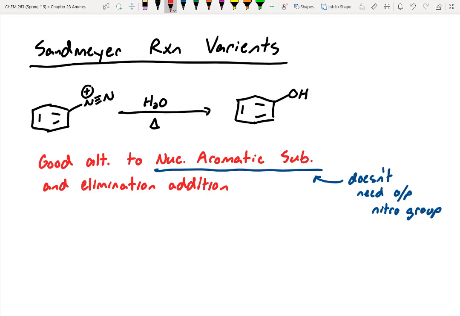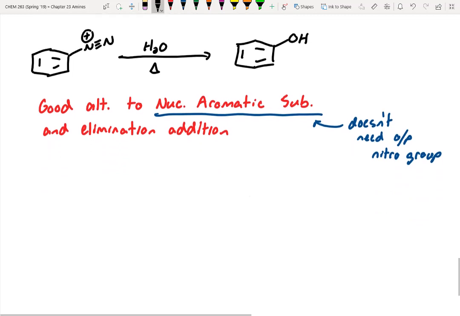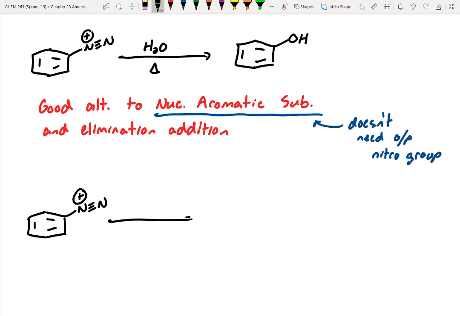All right, the other cool Sandmeyer variant is this one, where we again start with a diazonium salt. And we use H3PO2. It's not phosphoric acid. Phosphoric acid is H3PO4, right?